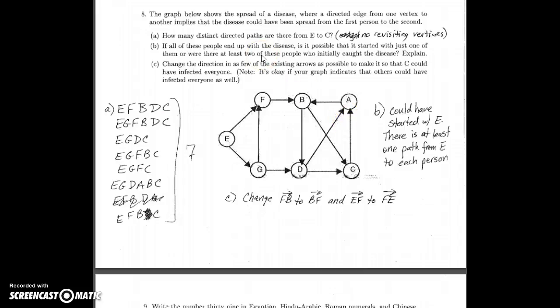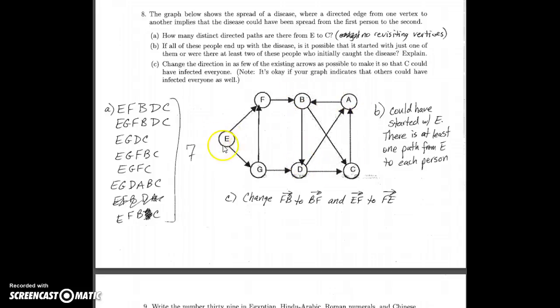And so the question we're often interested in applications is it possible that one of these could be the source of all of this? For example, it couldn't be A, because A could have infected B, and that could have affected D and C, but even if this entire group was infected, none of them could infect F, G, and certainly not E. So none of these 4 could have infected the entire group.